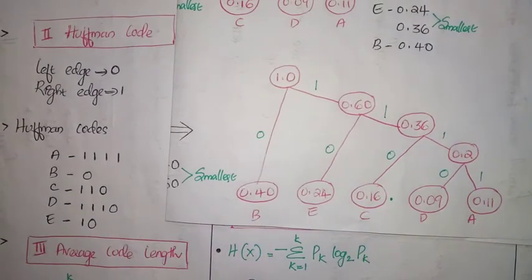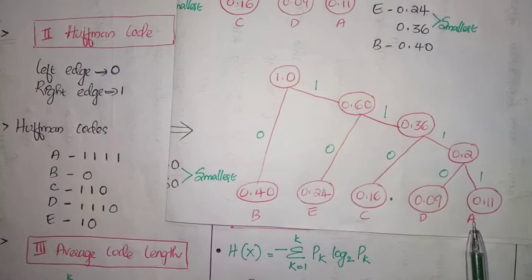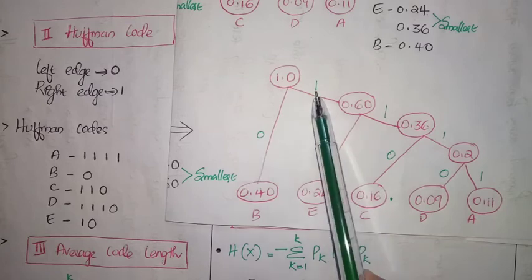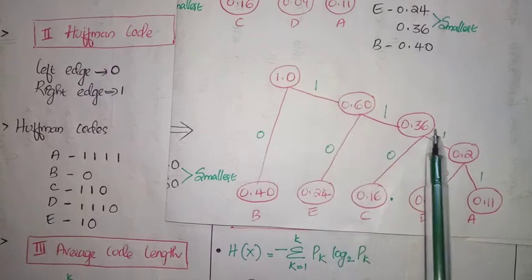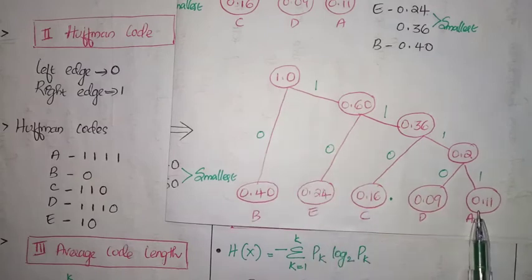Now, we can directly write the Huffman code of each of the characters. When we consider the character A, the Huffman code is found by traveling along these edges from the root to the specific node.